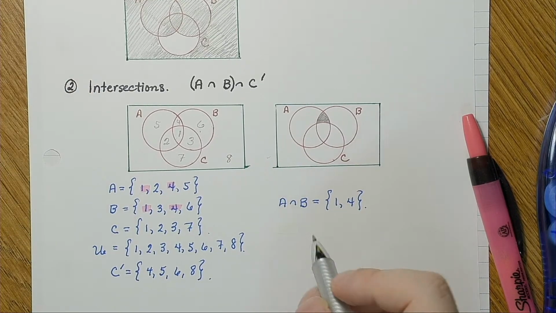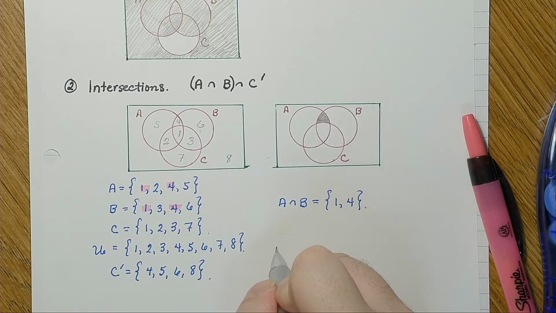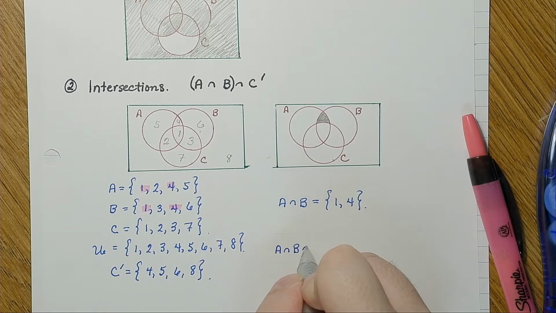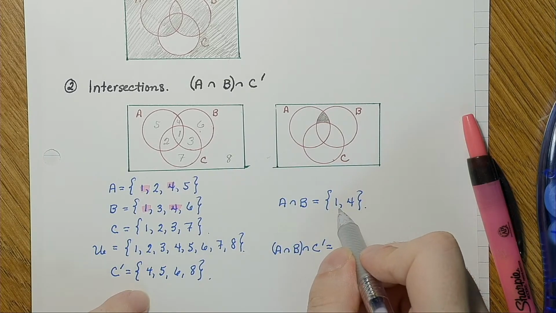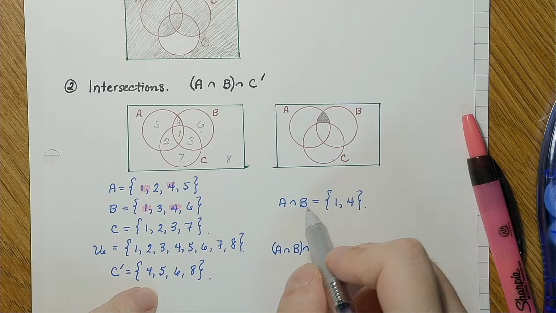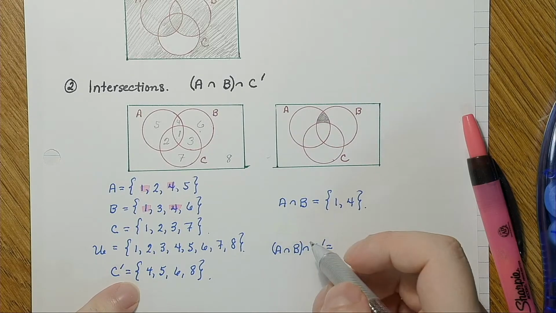And then what I'll do is look for overlapping sections from A intersect B with C prime.